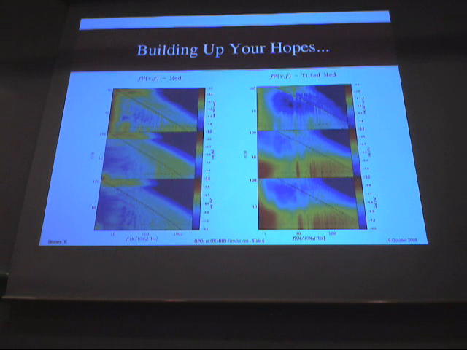But the key point here is the bending and boosting. This effect only amplifies the modulation, but the modulation is still there. Even if you do it in Minkowski space, it's still there.